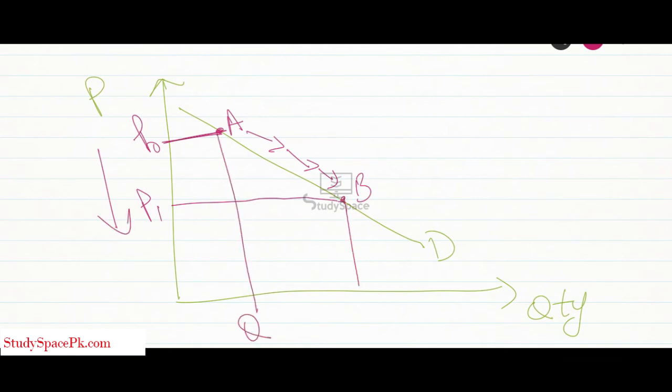And this is the quantity of A and this is the quantity of B. In other words, it can be said that the change in quantity demanded due to the change in price will be illustrated through a movement along the curve from point A to point B.